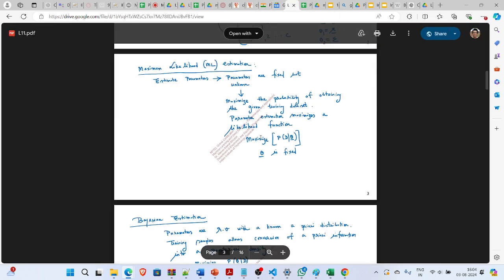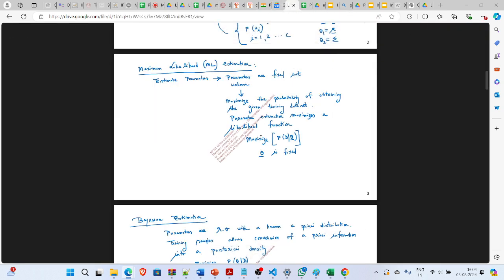So the likelihood is defined as the probability distribution in which we are looking, which is actually a function of theta. Theta is not fixed overall.